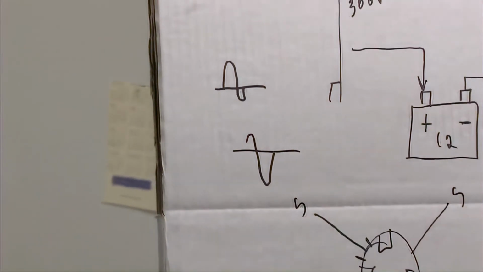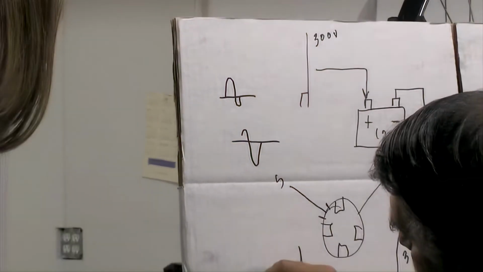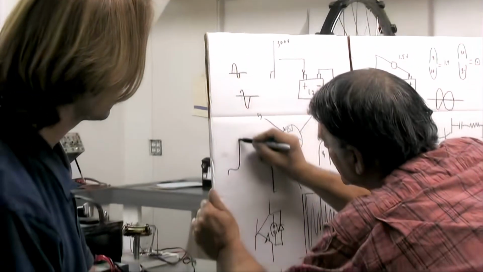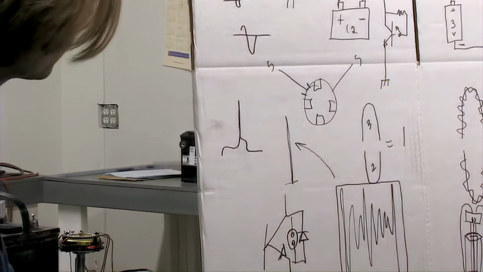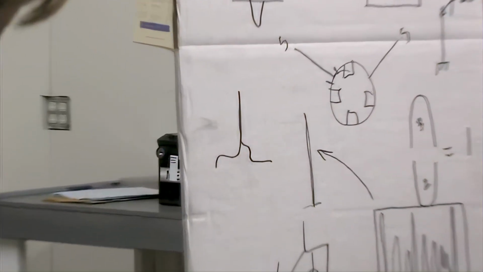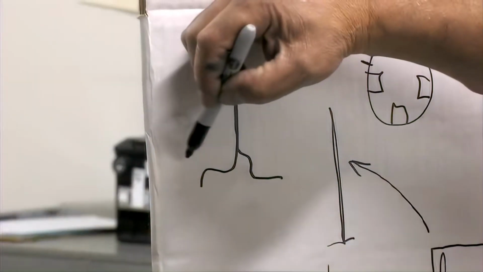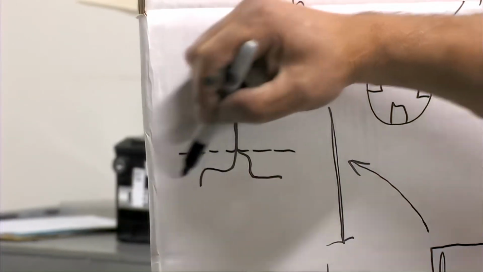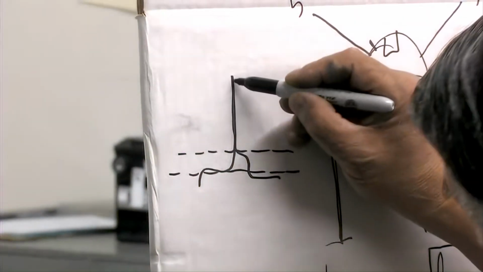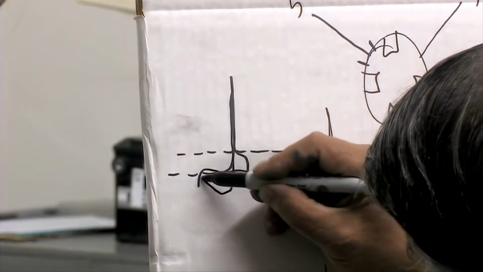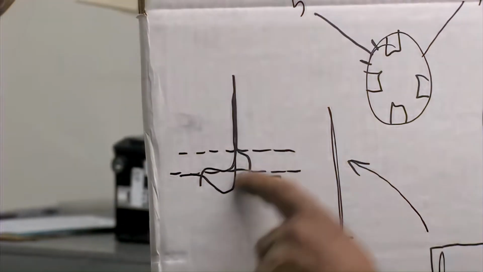Now what does the motor wave look like? So this is the actual battery level. And this little piece, when you see it on the scope, that comes down, is in the negative range.